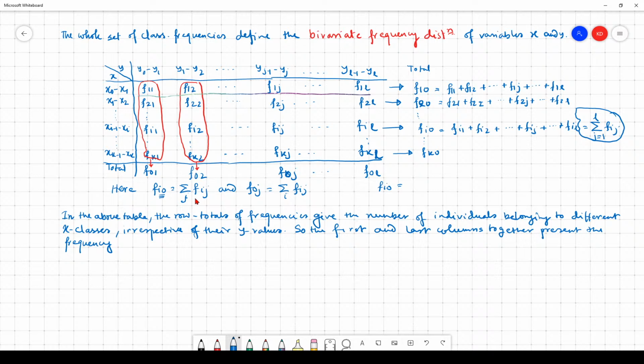This is the marginal total. Similarly, f naught j is f1j plus f2j plus fij plus fkj, written as the sum over i running from 1 to k of fij, denoted by f naught j. This is the frequency corresponding to the jth class of variable y. Okay, and so on.